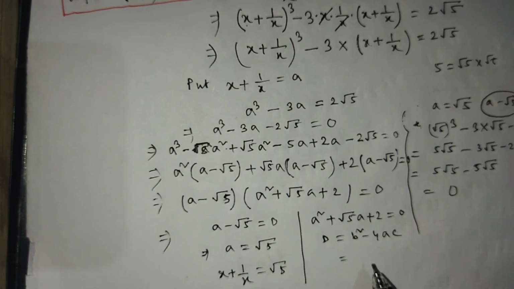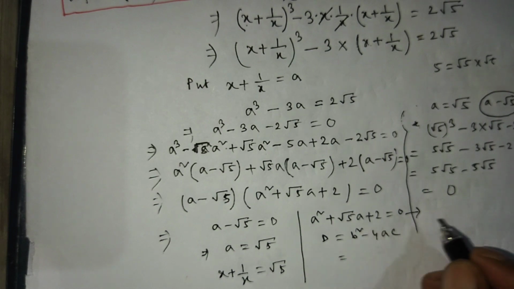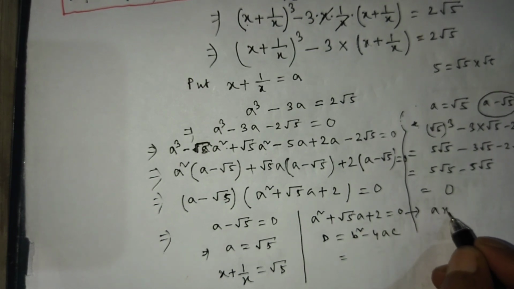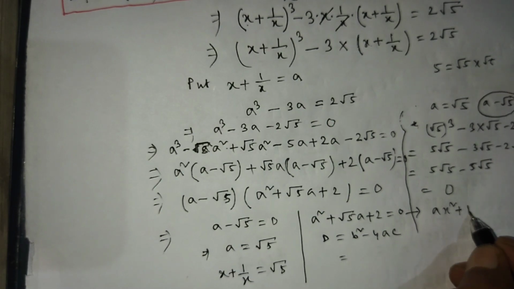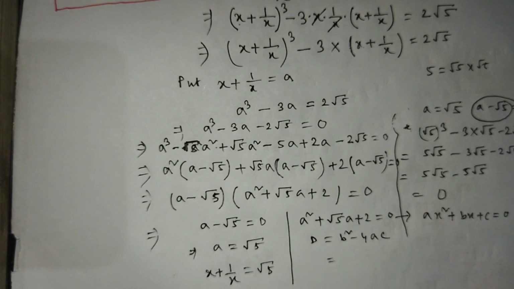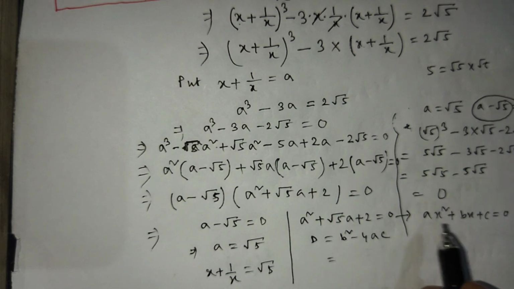Okay. So my dear student, to find the value of a, b, c, we have to compare this equation with ax square plus bx plus c is equal to 0.